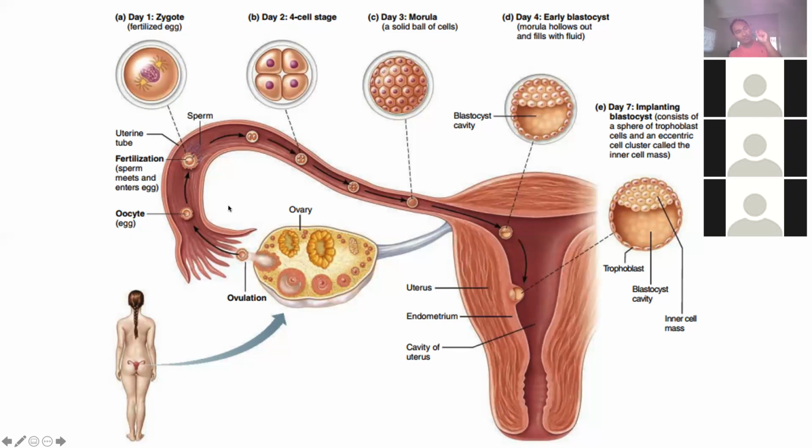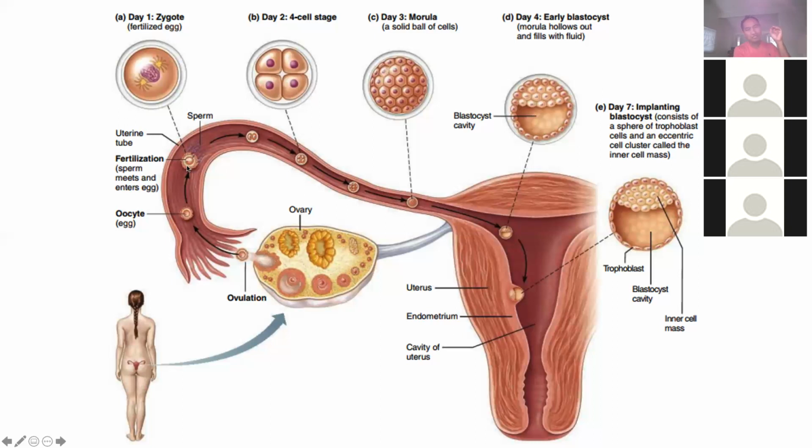Which means the sperm has to travel through the cervix, inside the uterine cavity, go along the fallopian tube, through the first third and second third, and at the lateral 1/3 of the fallopian tube, that's where the sperm and ovum meet and get fertilized.